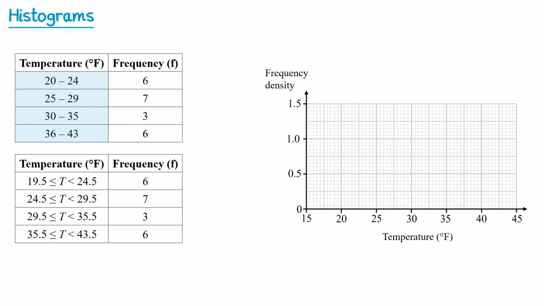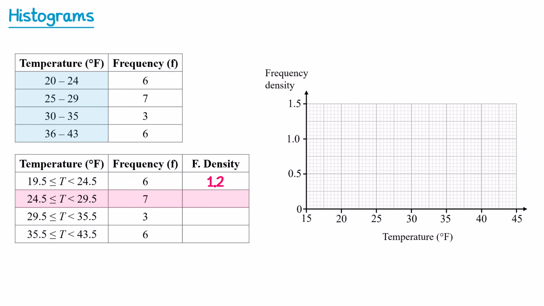We work out the frequency densities by doing the frequency divided by the class width. So for the first group, 6 divided by the class width, which is the difference between 19.5 and 24.5, which is 5. So 6 divided by 5, which is 1.2. For the next group, we divide 7 by the difference between 24.5 and 29.5, which is 5 again.